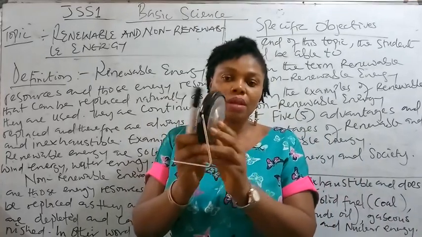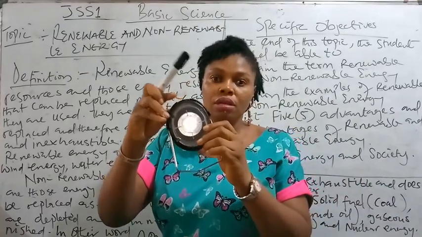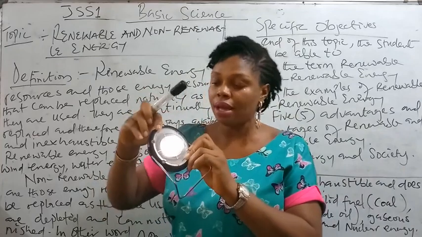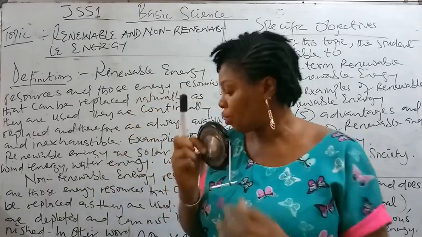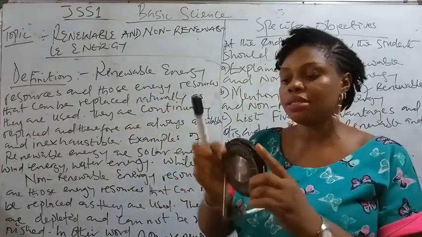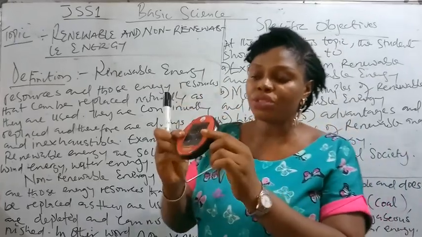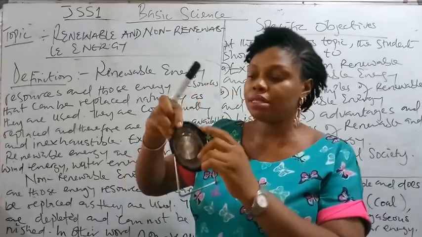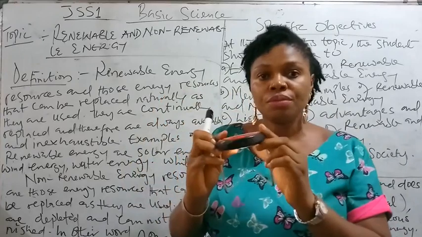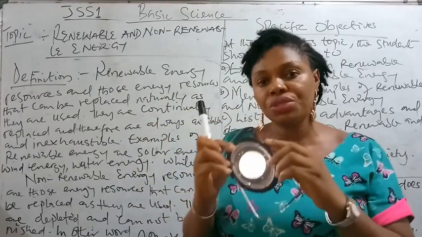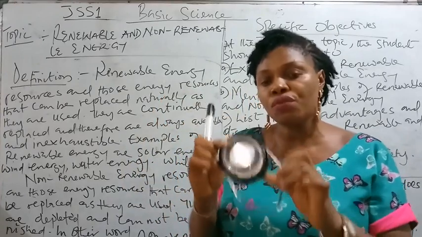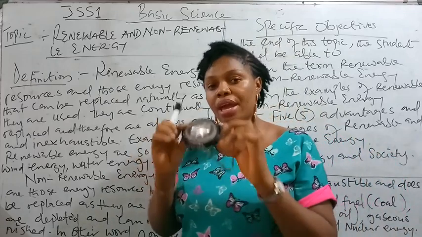You can see it is a solar battery that comprises a solar cell. With this, you can see that this solar battery taps its energy from the sun and it can be converted to electricity. This is an example of renewable energy.